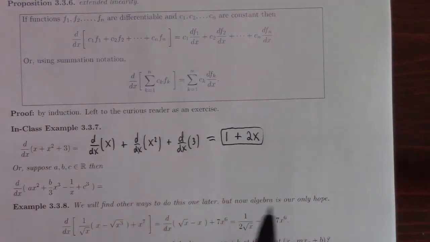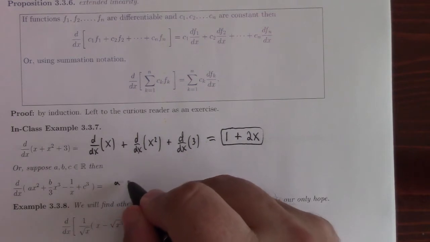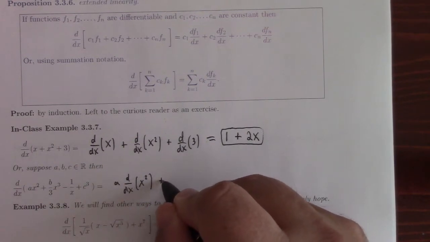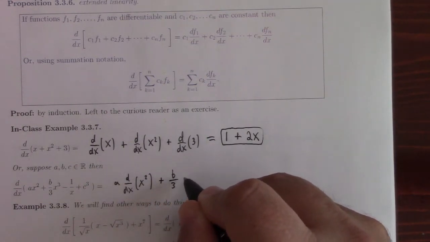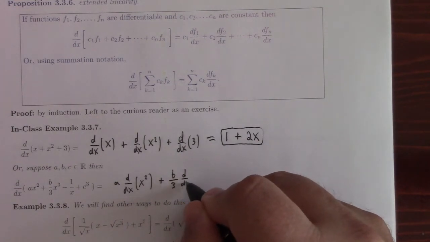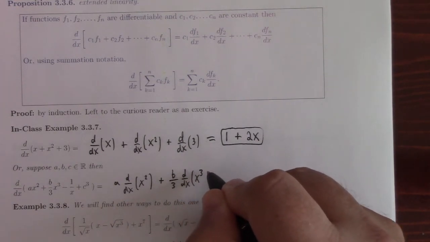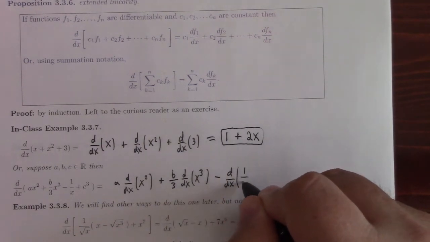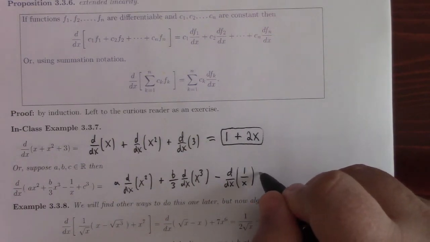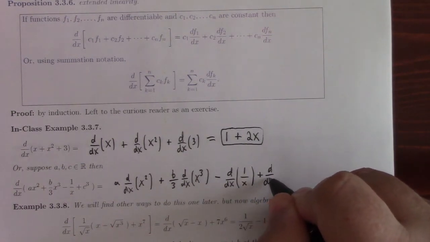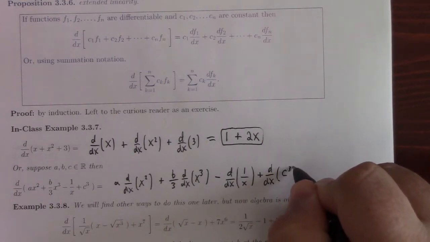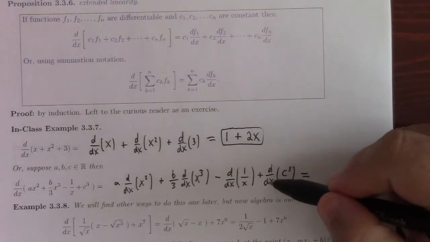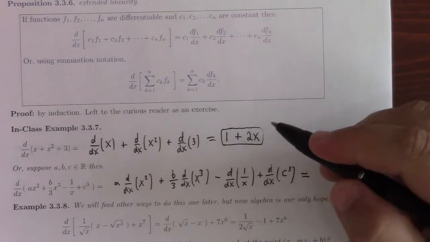Well, fine, I'll do the steps. a d/dx of x squared, b over 3 d/dx of x cubed, minus d/dx of 1 over x, plus d/dx of constant cubed. So the constant cubed is still a constant, so that's just 0.